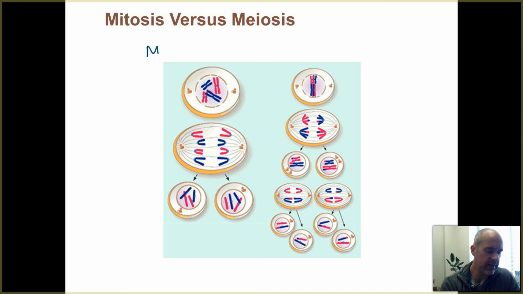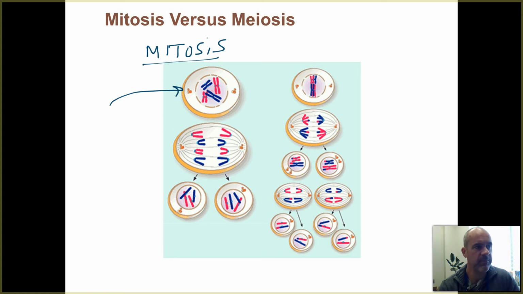All right, so on the left-hand side over here, we have mitosis taking place. Now we're looking inside the nucleus of a cell, and if this is a human cell, you are going to have 46 chromosomes in there. But we're only going to take a look at sets of 2 chromosomes.